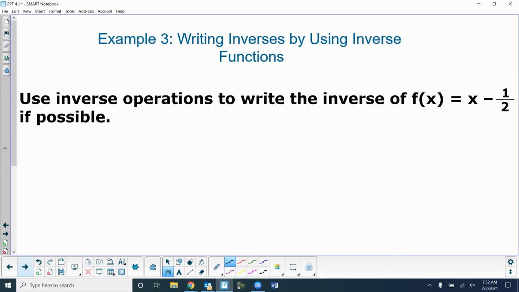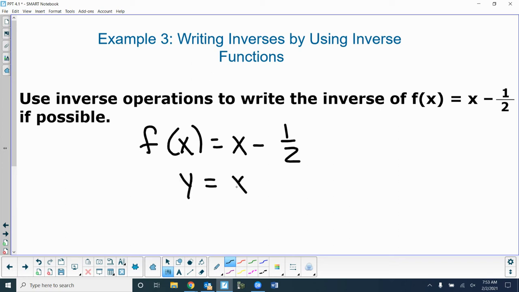So here's an example. f of x equals x minus 1/2. That's y equals, the same thing. So we're going to switch it. Y becomes x, x becomes the y. And then we just solve for y.